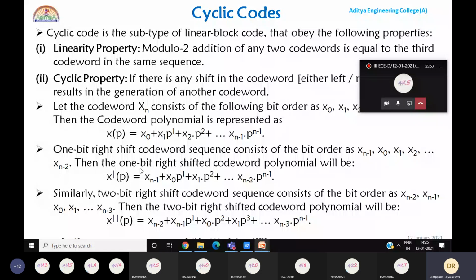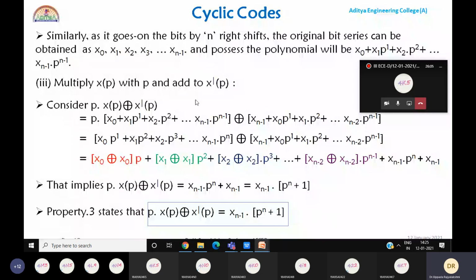What is x dash of p? It is the 1-bit right-shifted forward sequence, that is xn minus 1 plus x0 p power 1 plus x1 p square plus so on plus xn minus 2 into p power n minus 1.